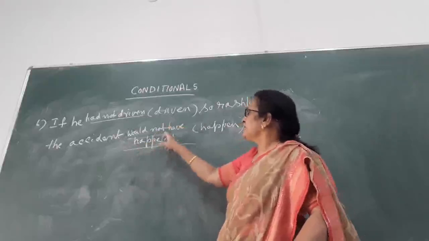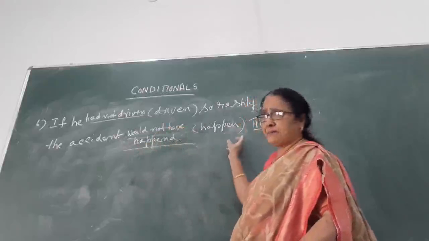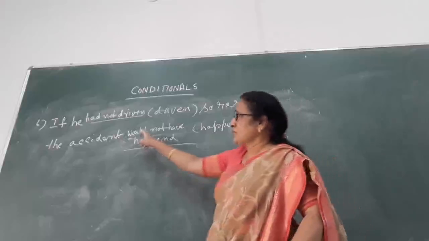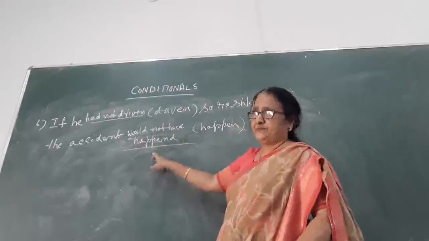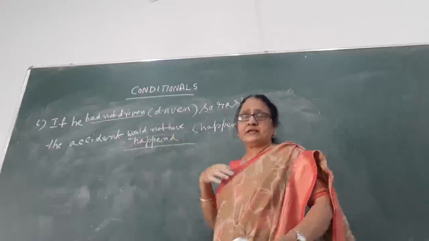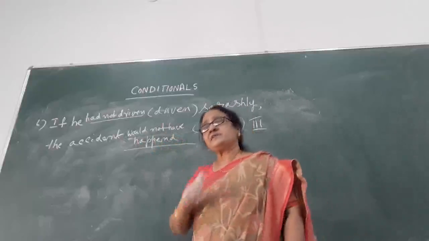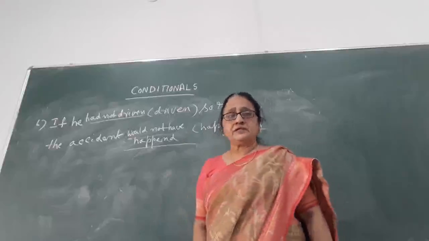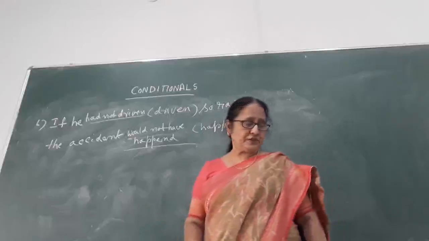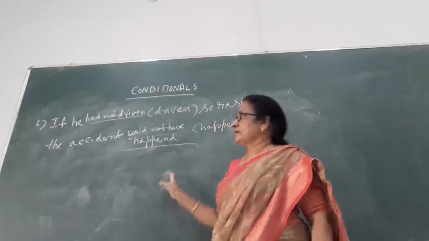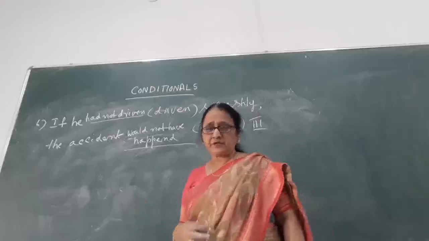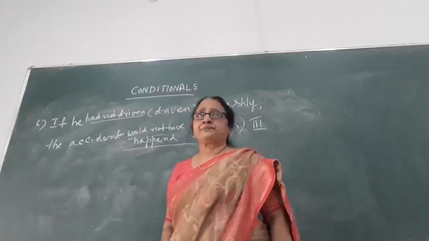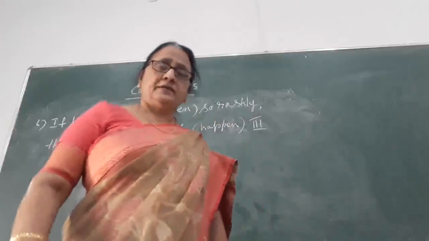The accident would not have happened. Happen becomes happened. That is would plus have plus V3 in the third conditional. The third conditional and mixed conditional sometimes give a similar structure. So this is about the sixth bit. Now I am going to explain the seventh bit.